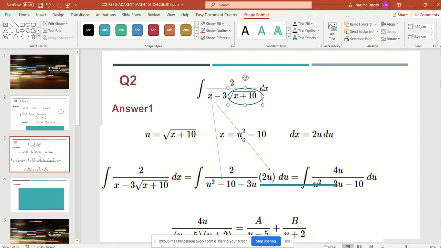And x is u square minus 10. So first of all, I write u square minus 10. This is x. And I have 3 in front, so this is u square minus 10 minus 3u. So this is just a change of variables.